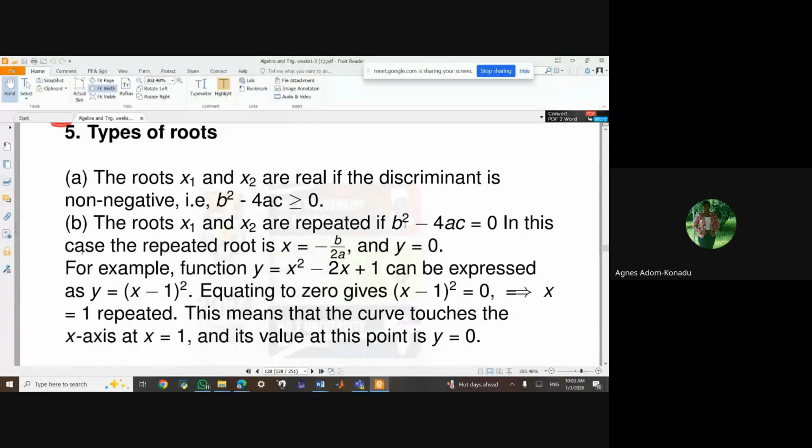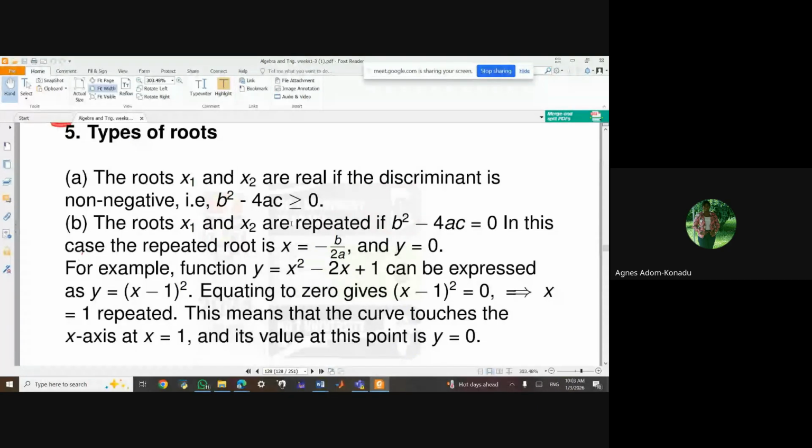Now, if my discriminant is equal to 0, b squared minus 4ac is equal to 0, then I'm going to get repeated roots. The roots are going to be the same. That is, my s is equal to minus b over 2a, and I'm going to get y is equal to 0.